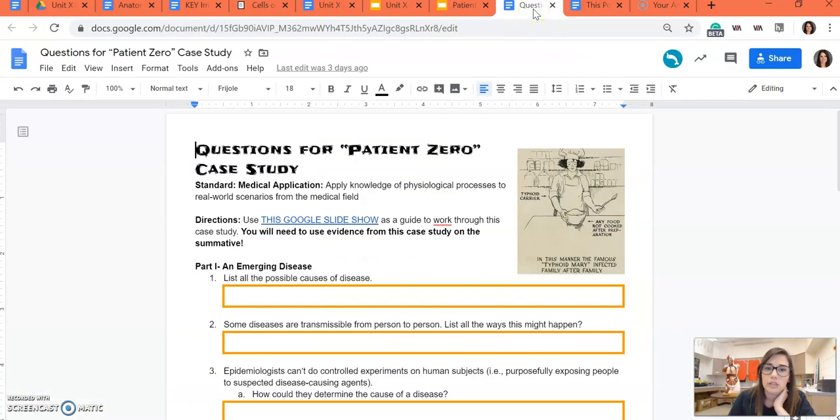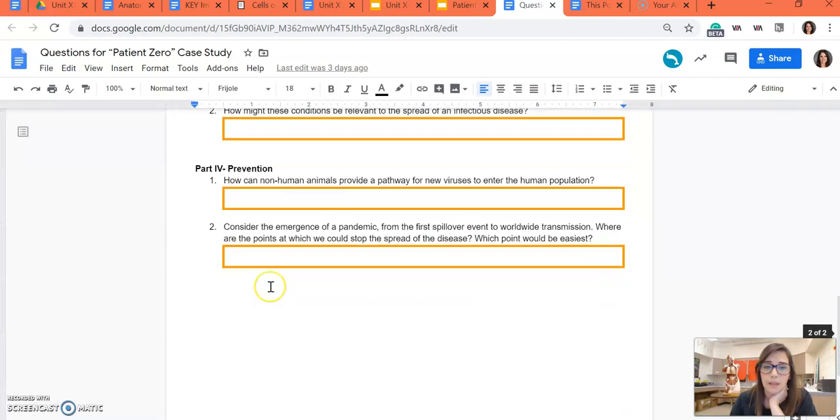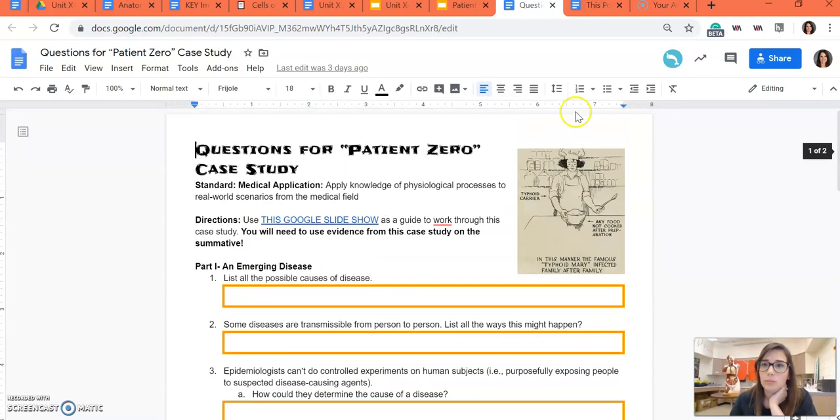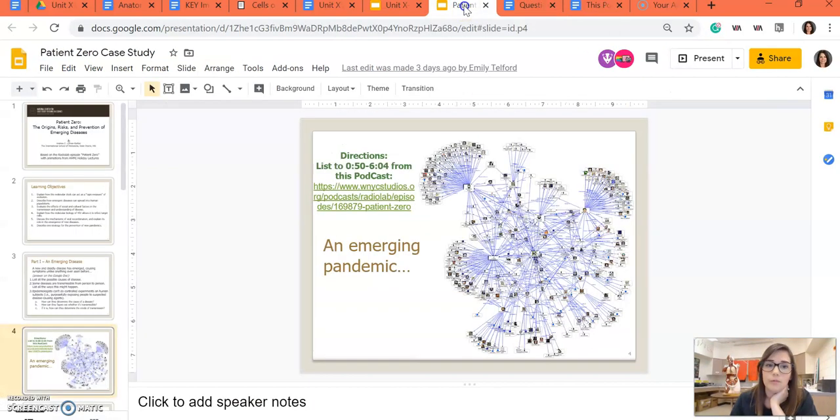And then your questions, what you will need to answer, are on this handout. This case study is about the pandemic of typhoid, which happened in the early 1900s. So you need to do this for Thursday. It's just a page and a half, a few prompts. Again, it goes along with this Google Slides.